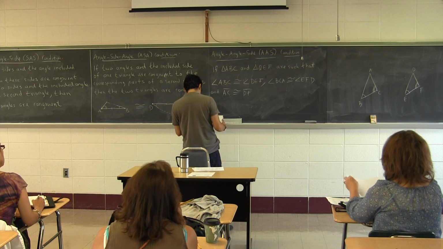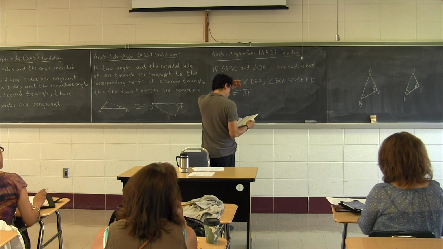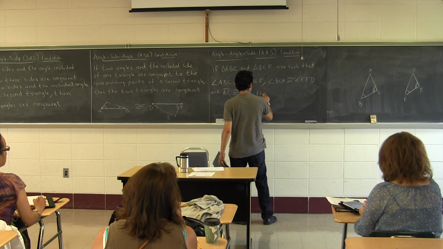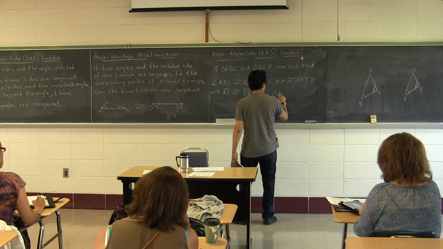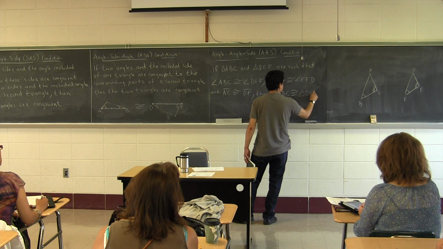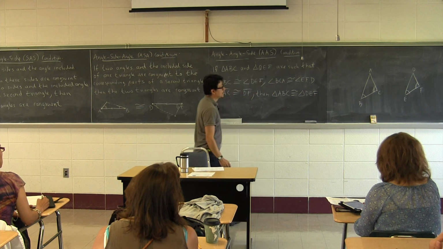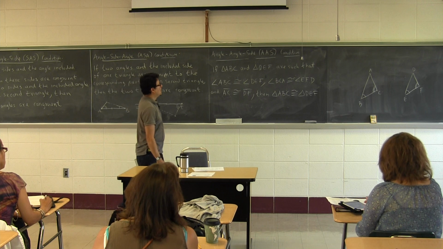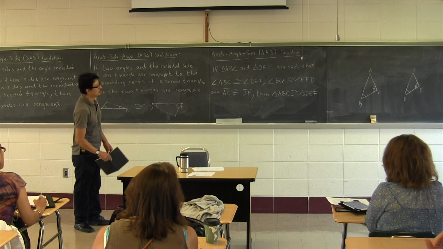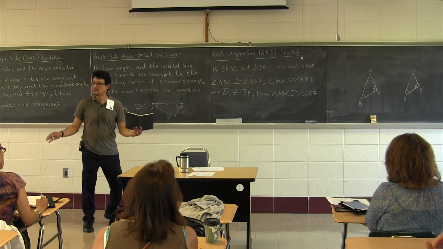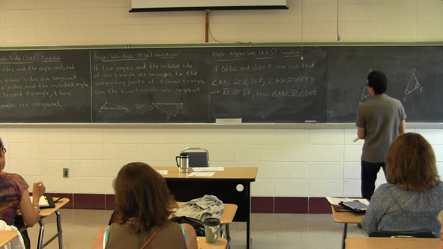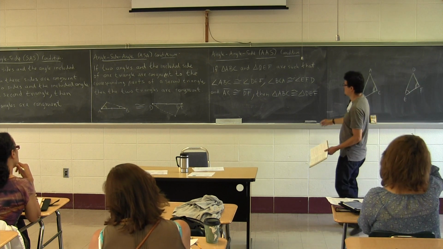So if this happens, then the triangles are congruent. Right. Any comments? Questions? No? Okay. So let me just state the last one, and then we move into the worksheets.